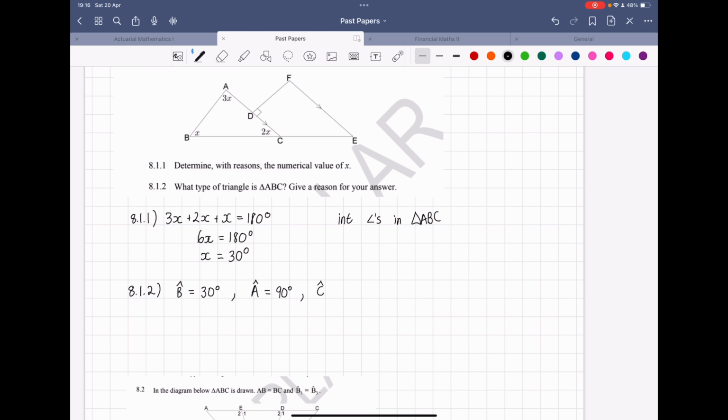And angle C is equal to 2x, so that's 60 degrees. So I've got 3 different values for all of the interior angles for this triangle ABC, which means that ABC is a scalene triangle. And the reason is 3 different angles.